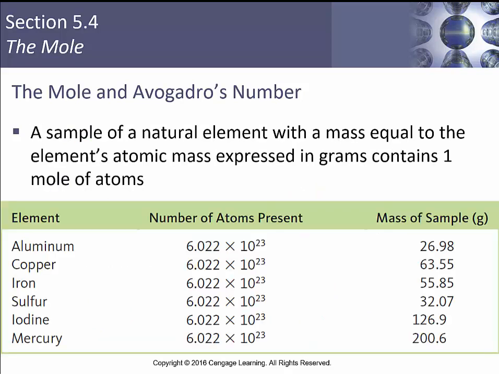So a sample of a natural element with a mass equal to that element's atomic mass expressed in grams contains 1 mole. This is just saying that the atomic mass on your periodic table has units of AMUs, or they're using U, or sometimes you will see Daltons.